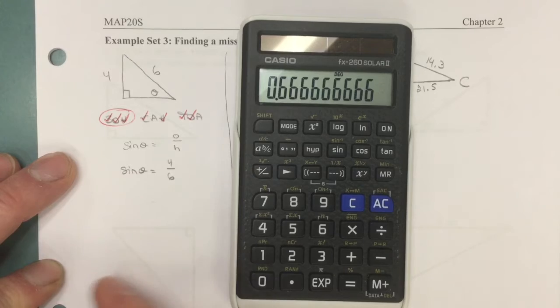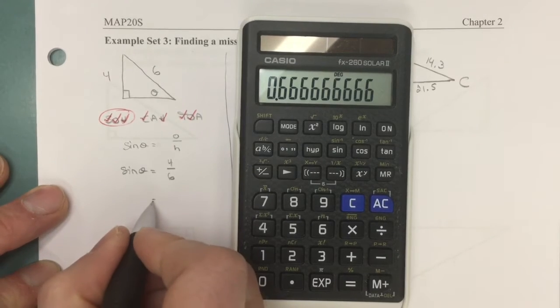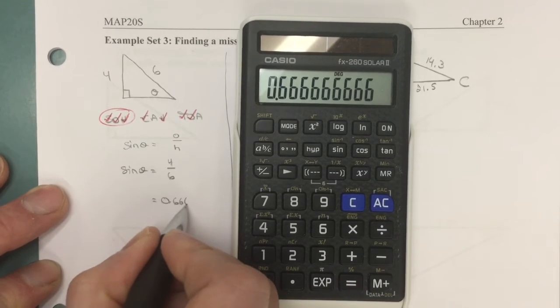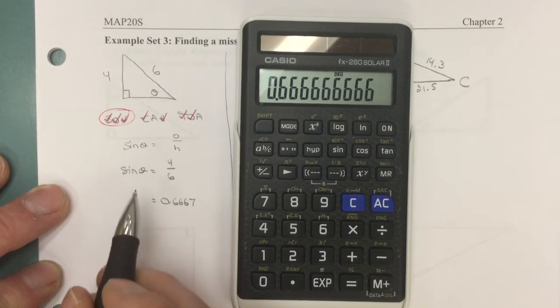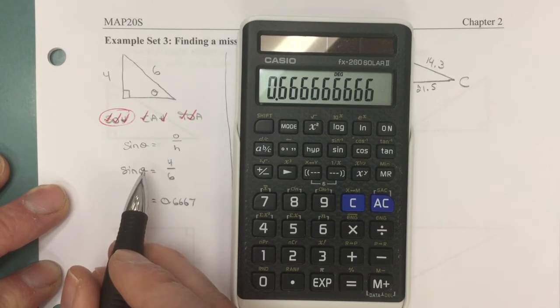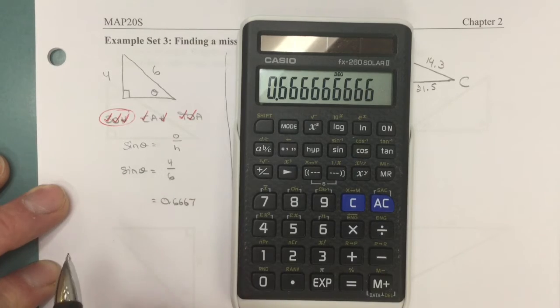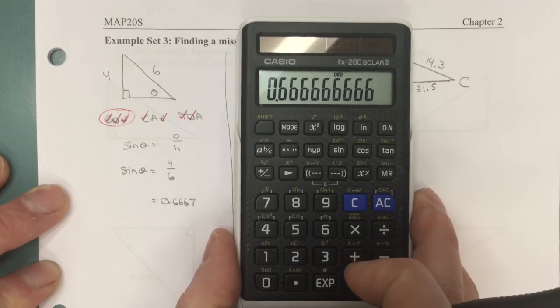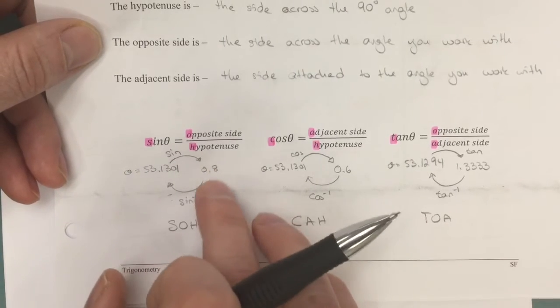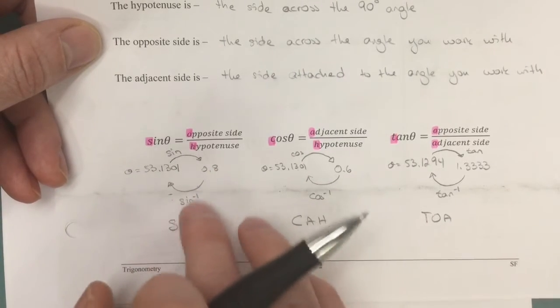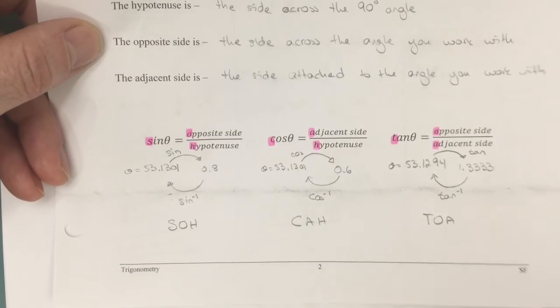And if you want to, you can write that down. That is 0.6667 if you keep 4 decimal places. But you want to change that into an angle. And remember from the first part of our lesson that to get from a ratio to an angle, I just have to use the inverse sine button.